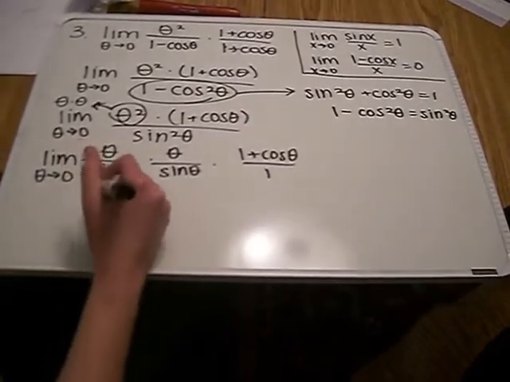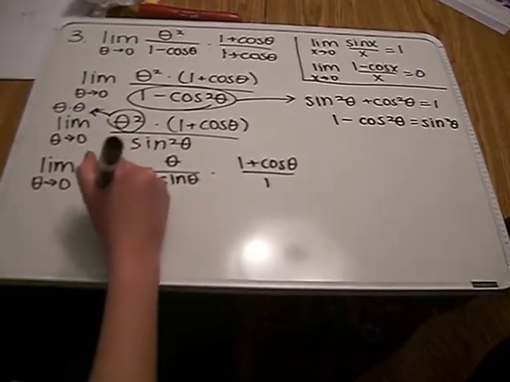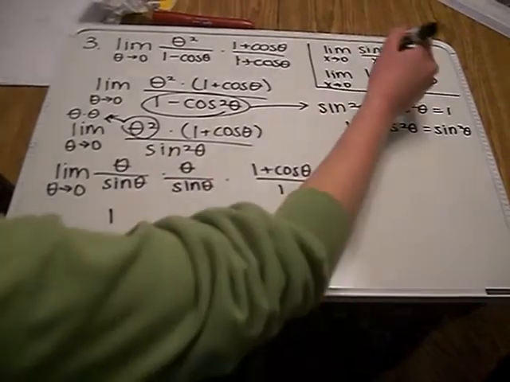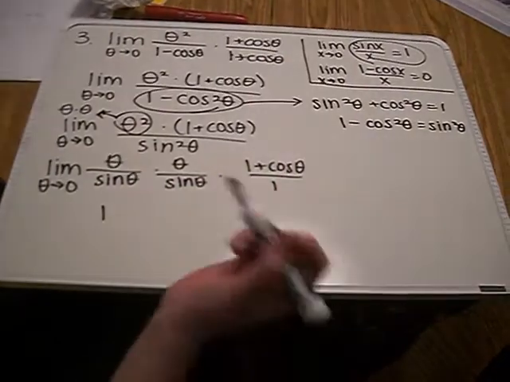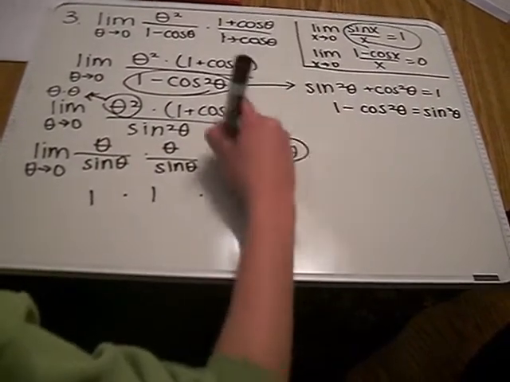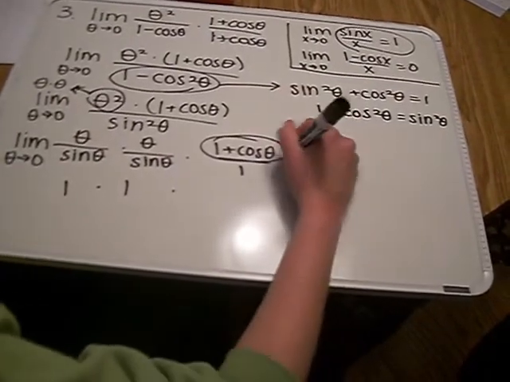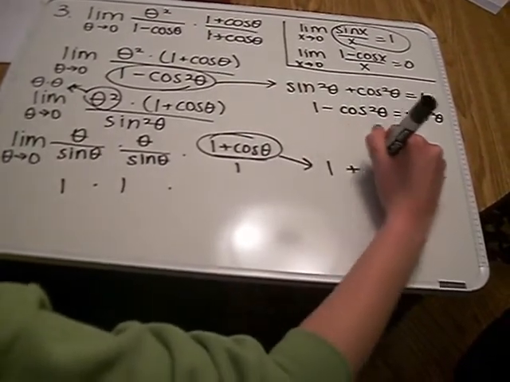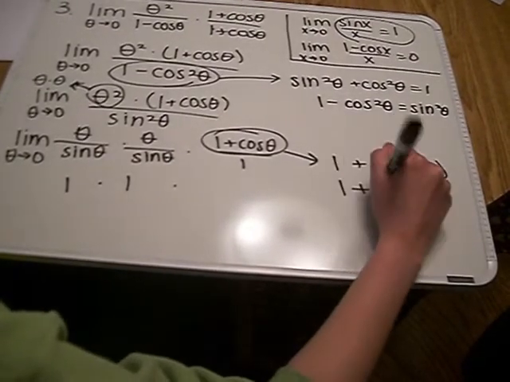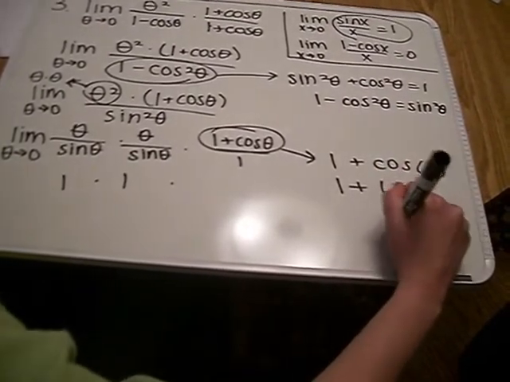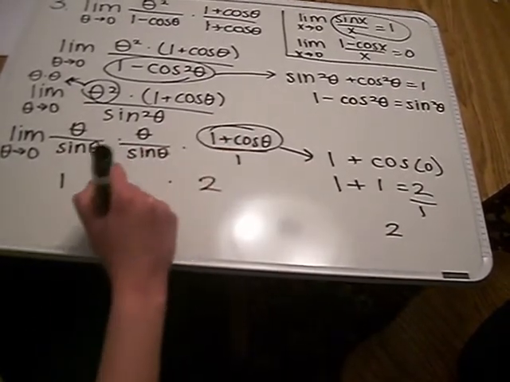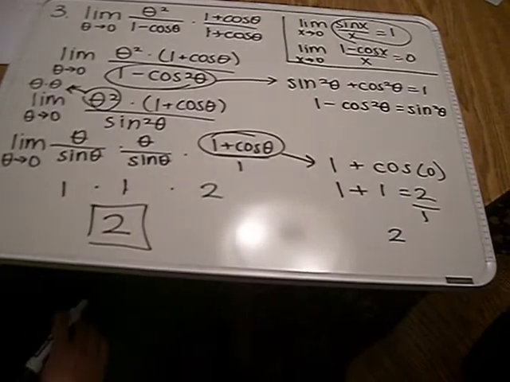When you evaluate all of this, theta over sine of theta is 1. As we established in the previous problem, you can still take the inverse of this function and have it equal 1. So you have 1 times 1 times 1 plus the cosine of theta over 1. If you evaluate this, this is 1 plus the cosine of 0. The cosine of 0 is 1, so 1 plus 1 is 2 over 1 is still 2. So you're taking 1 times 1 times 2, which gives you a final answer of 2.